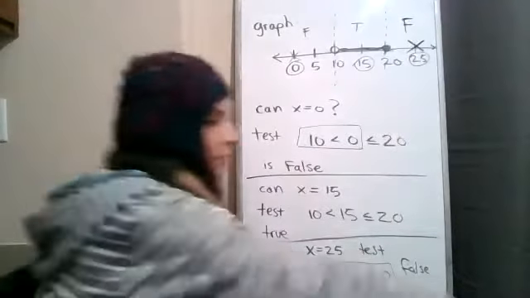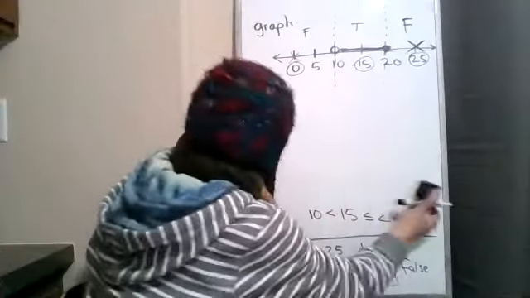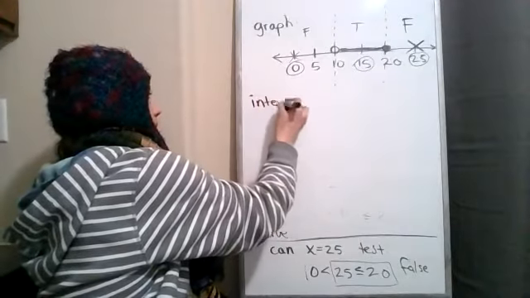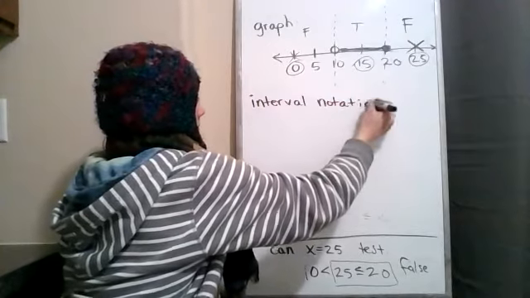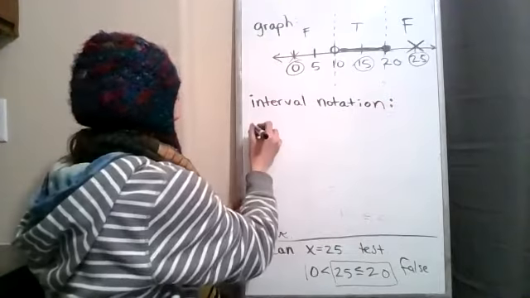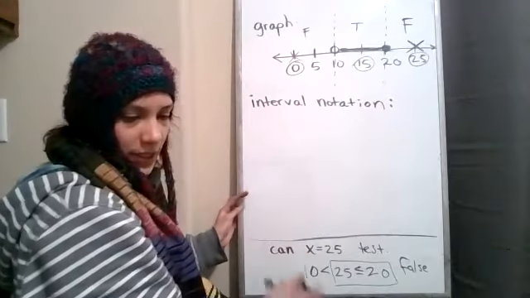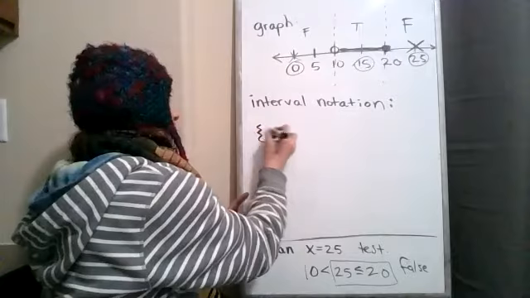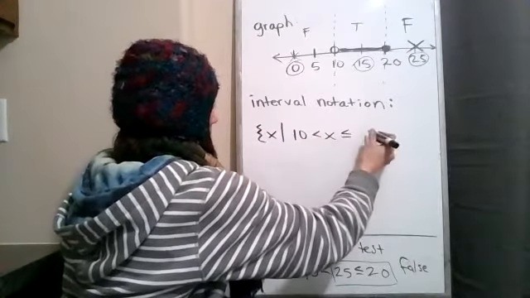Okay, let's write the answer. Write the set in interval notation. I'm going to bring back the original set. So we had the set of x such that 10 is less than x, less than or equal to 20.